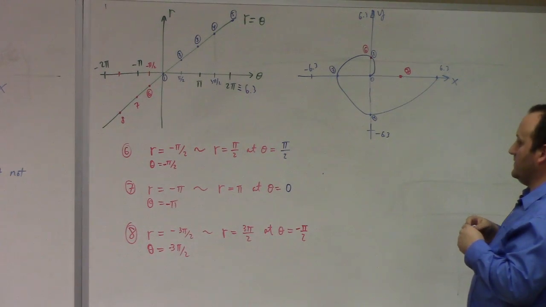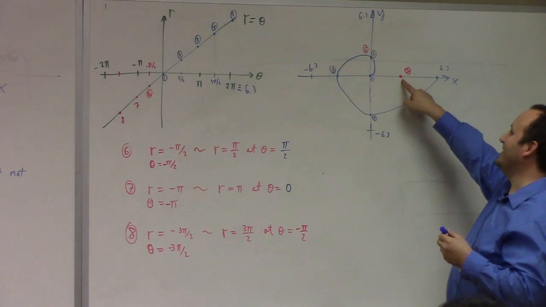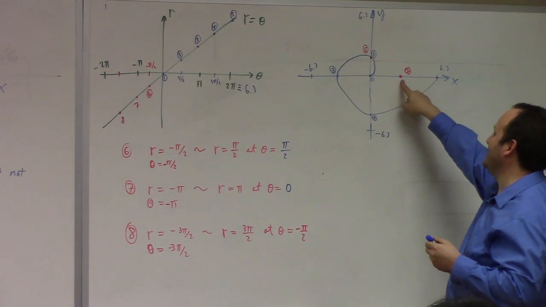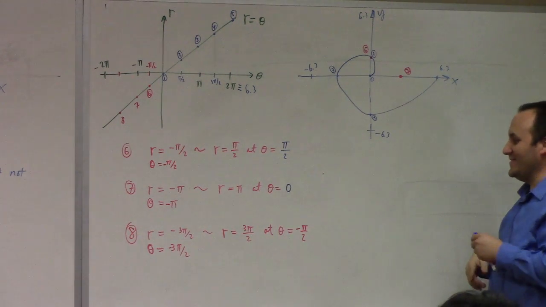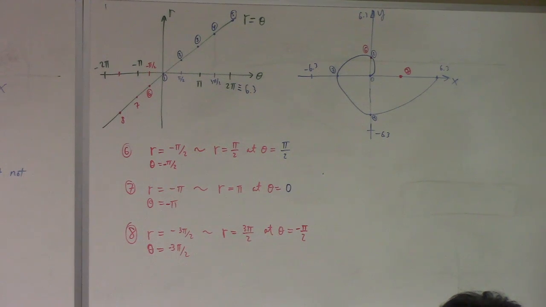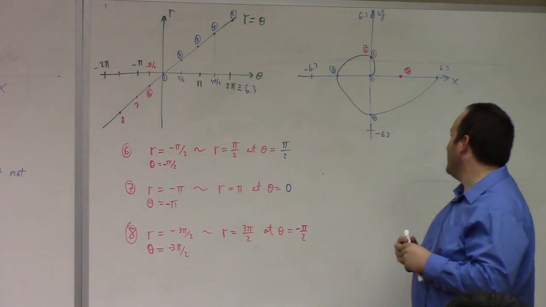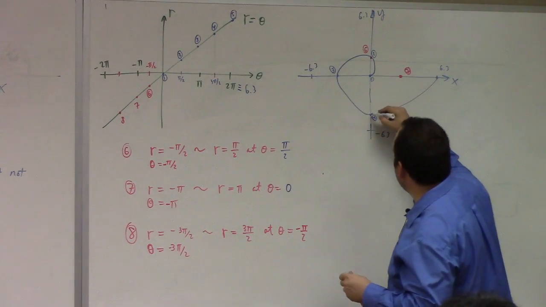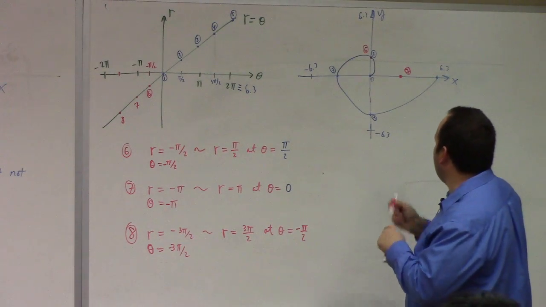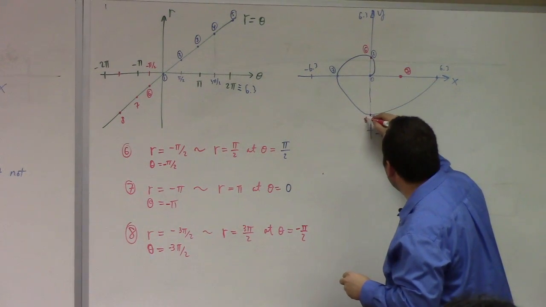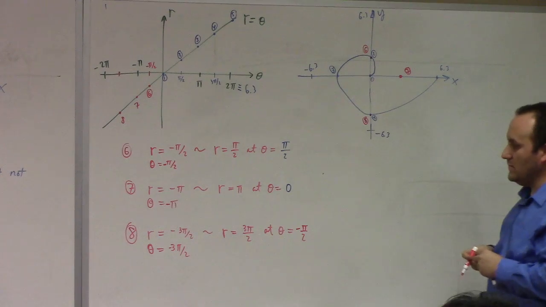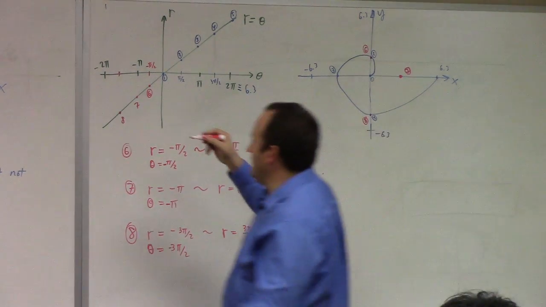For 7, theta equals 0, and this one is kind of funny. That's still right. Despite my earlier error, that ended up being right. That's a bizarre coincidence. Anyway, number 8, 3 pi over 2. So that's actually this point again, right? 4 and 8 are identified. Okay. And then finally, let's say 9.